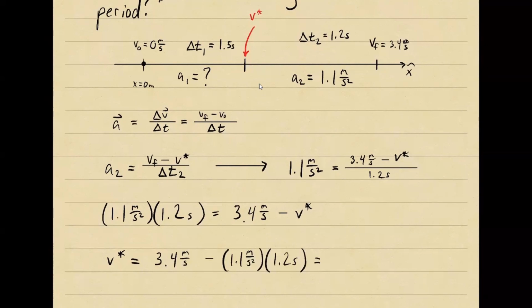And if you punch all this into a calculator, this gives us a v star of 2.08 meters per second. Just like that.